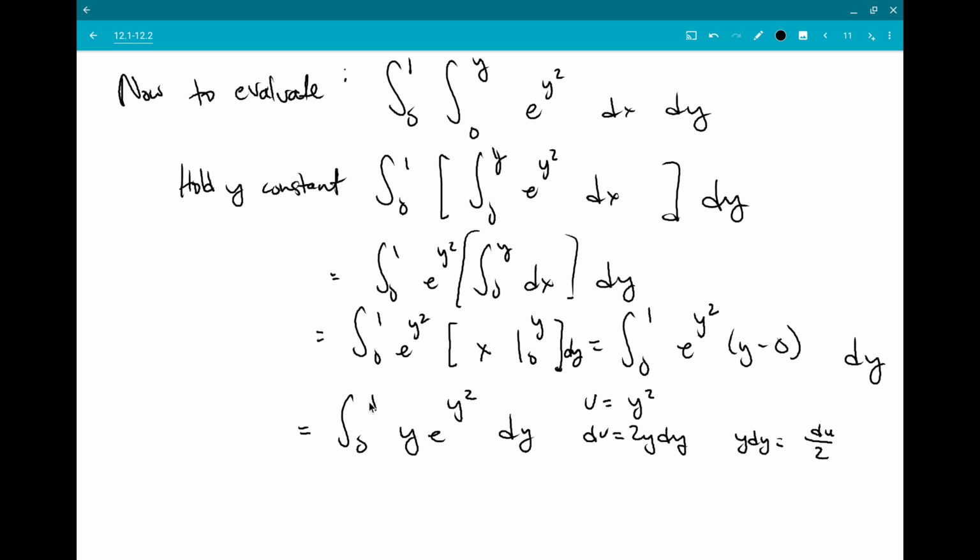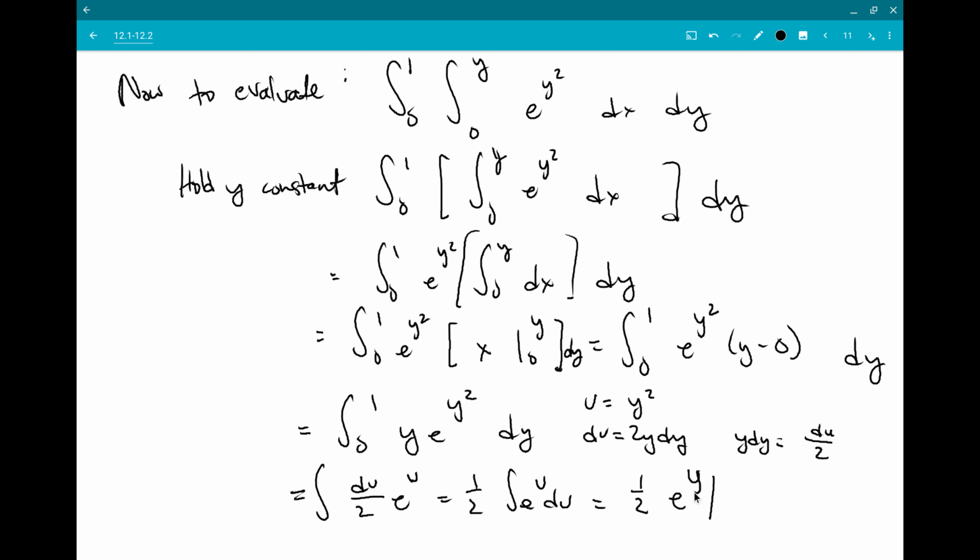I'm going to do the one where you change your number at the end. So this becomes du over 2 e to the u. So that's 1/2 integral e to the u du. So the integral of e to the u is just e to the u.